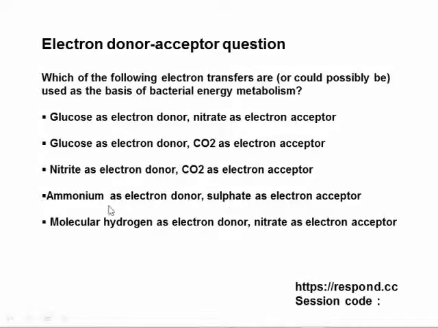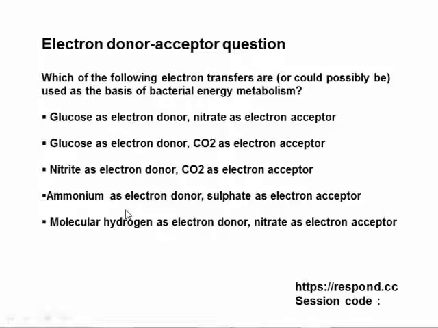Out of the ammonium-nitrate couple and the sulfate-hydrogen sulfide couple, which one gets the oxidized form of sulfate and nitrate? This is the reduced form, ammonium, and the reduced form of sulfate, hydrogen sulfide, right?